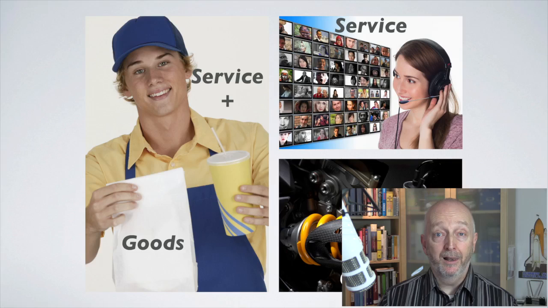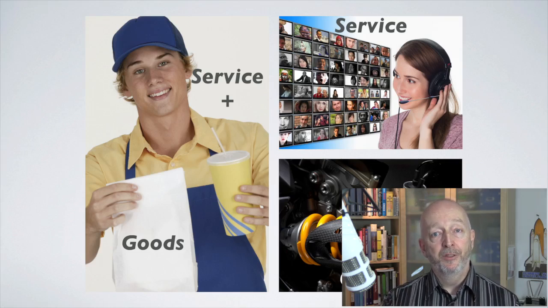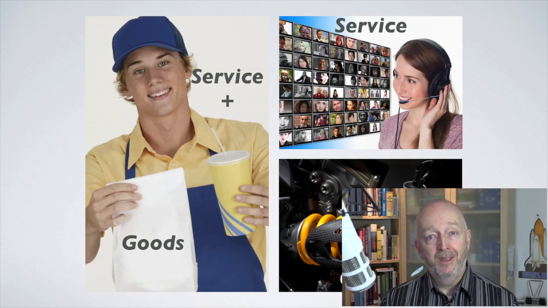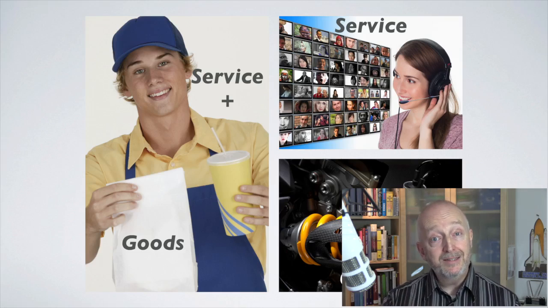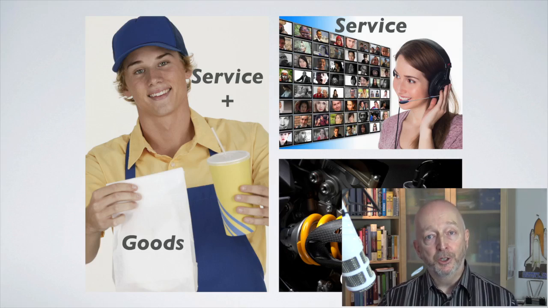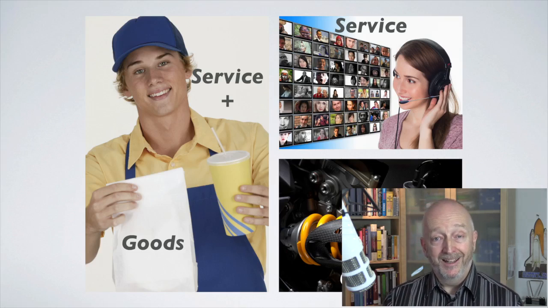Does it taste well or not? So that is the goods. They deliver the food, but the service is how they present it to you. For a fast food restaurant, for example, the service could be quick, it could be nice, and the food could be good as well, hopefully.